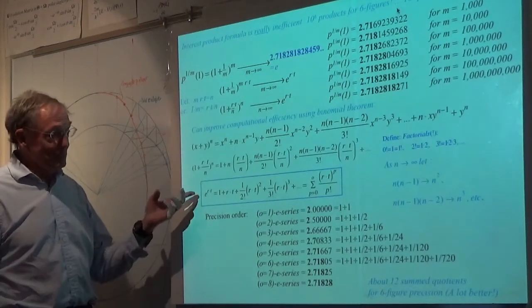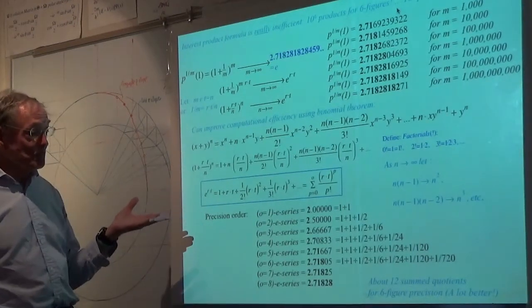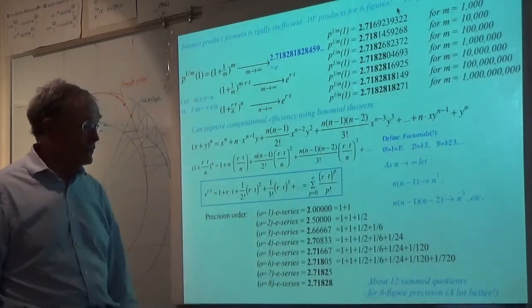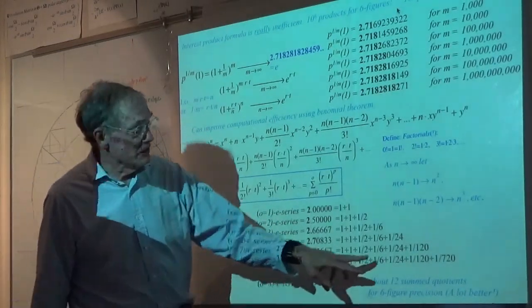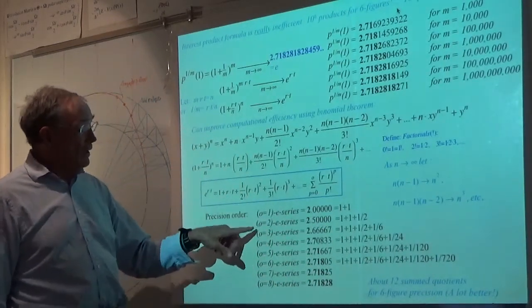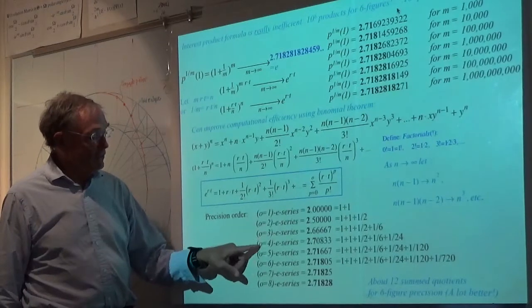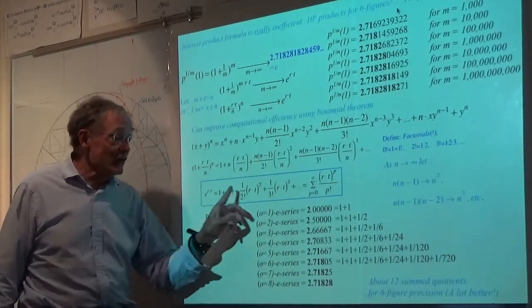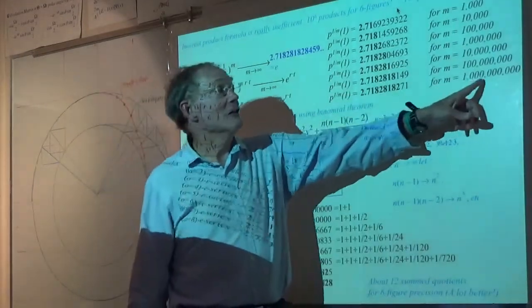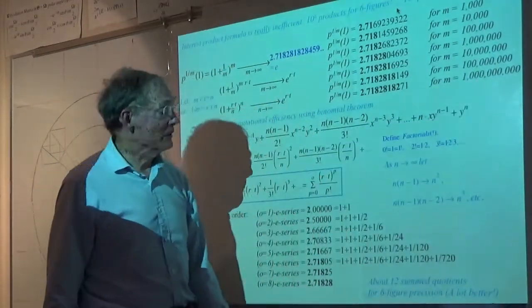And it's fortunate because to get, say, 8 or 9 figure accuracy here, I only have to do a very small number of calculations. The question is, how close do I get for order 2, order 3, order 4, order 5 of the series? Much better than this, where I have to go to multiplications of billions of times.